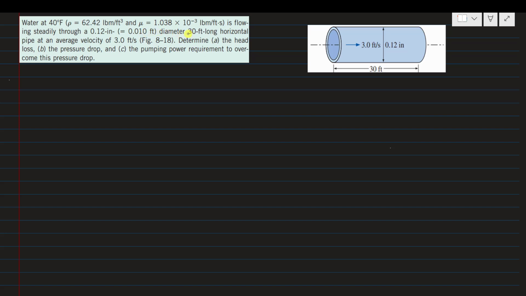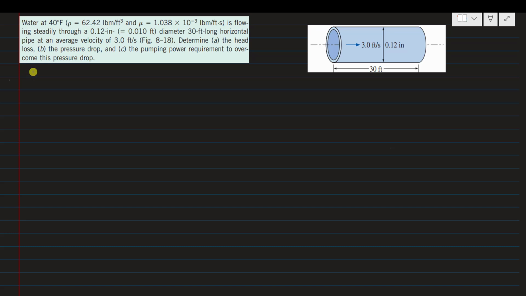The pipe is 30 foot long and horizontal, and the average velocity flowing inside it is 3 foot per second. We need to find the head loss, pressure drop, and the pumping power required to overcome the pressure drop.